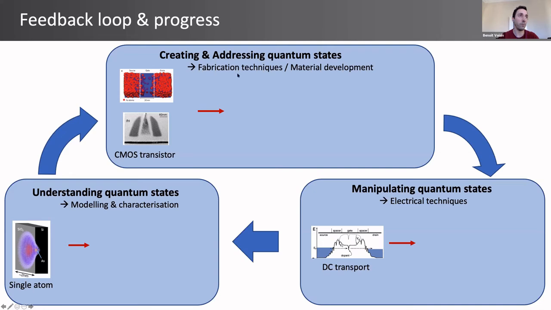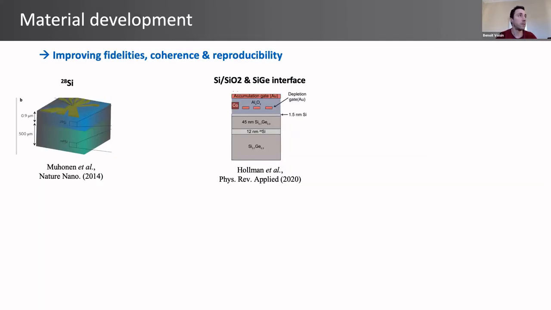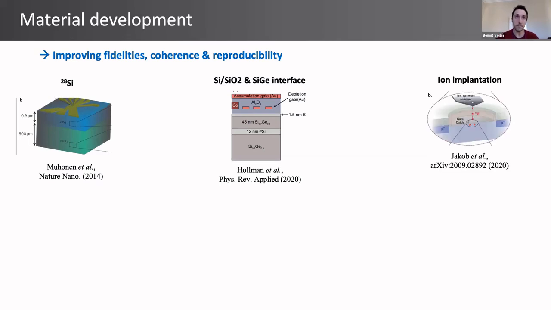For example, the community has designed more and more complex devices, very much dedicated to quantum computation purposes. I've already talked about silicon, the importance of isotopically purified silicon, and all the work that aims to control what's going on at the interface between silicon and silicon germanium.